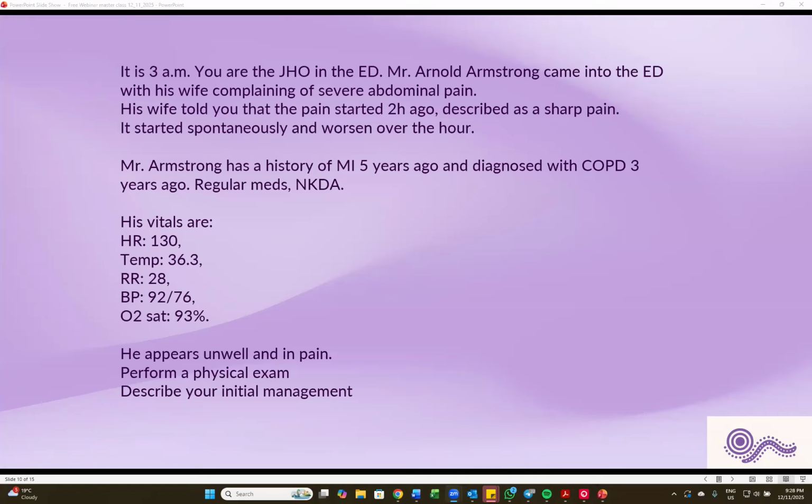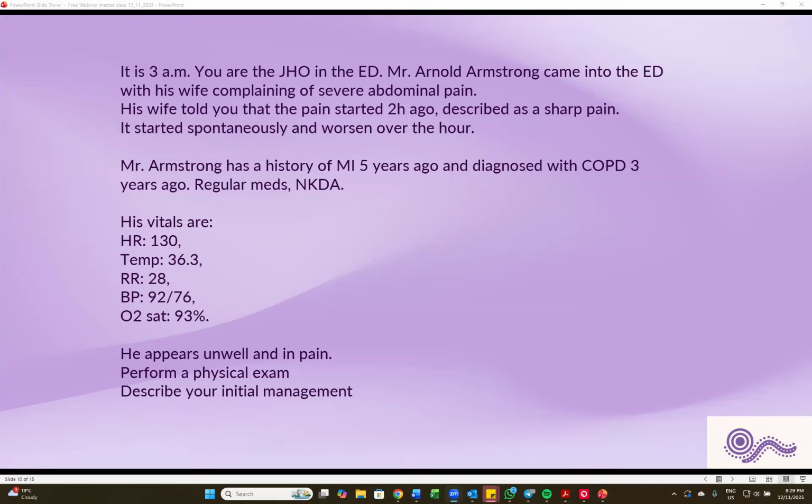Examiner, I did the superficial palpation for any tenderness or any rebound tenderness, and now I would like to do the deep palpation for any rigidity or guarding, tenderness as well, and for any palpable masses. Then I would like to do the percussion.